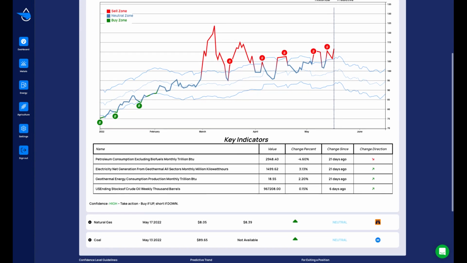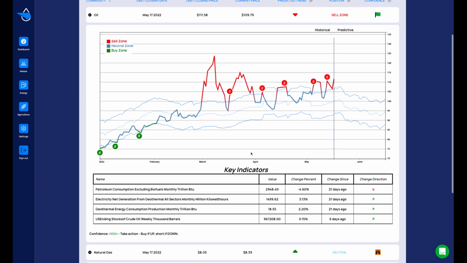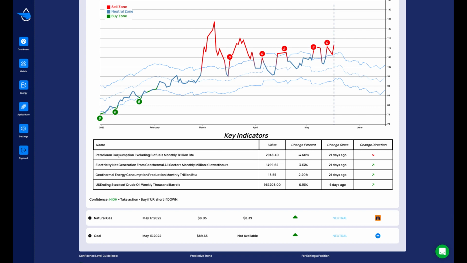If we look at the key indicators, and this is a really interesting feature, especially for traders who like to get some additional data, we have hundreds of indicators that we analyze across all of our commodities. But for oil right now, those key indicators are the most significant in the model computation, in terms of showing a degree of change and correlation that is significant for the system to establish its forecast.